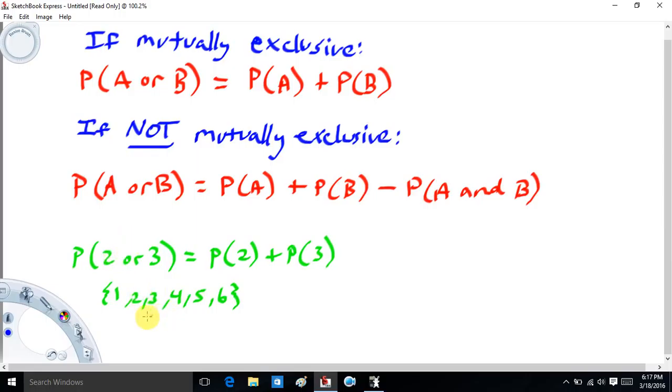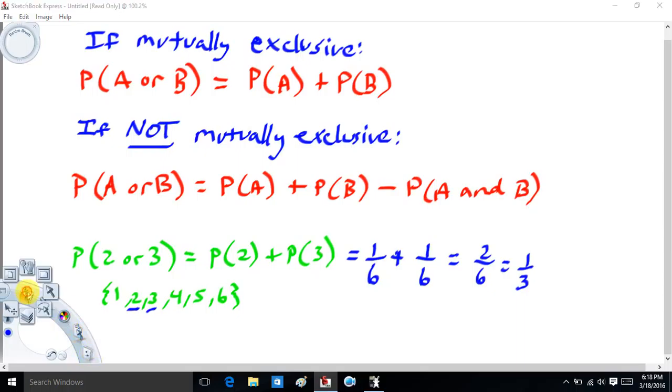The outcomes we're interested in are 2 and 3. So the probability of rolling a 2 is 1 outcome out of 1, 2, 3, 4, 5, 6. And the same is for the 3. There's only one of those out of a total possible 6. So that equals 2 over 6, which is 1 over 3.